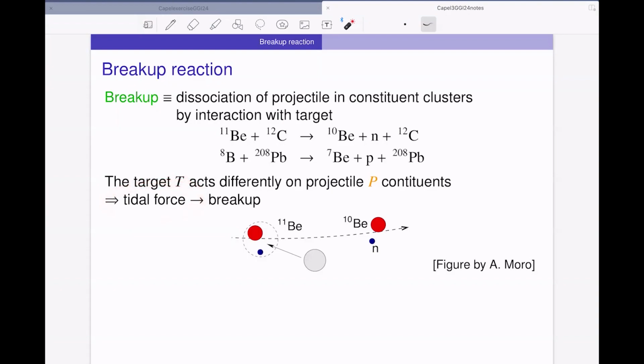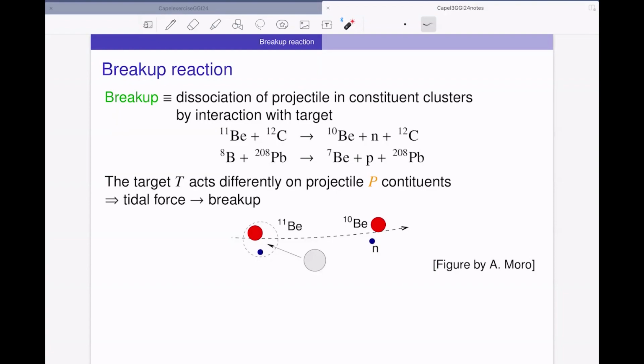The two components of the nucleus do not interact in the same way with the target, and so that induces an internal force that breaks up the system. Of course, if the system is tightly bound, that has little effect, but for a loosely bound system like beryllium 11, as we've seen this morning just on the elastic scattering, that has a significant influence.